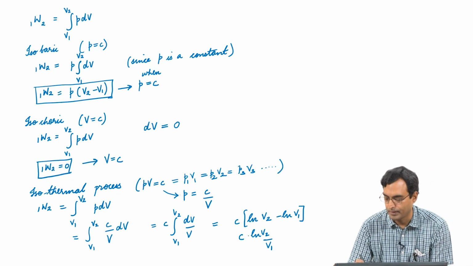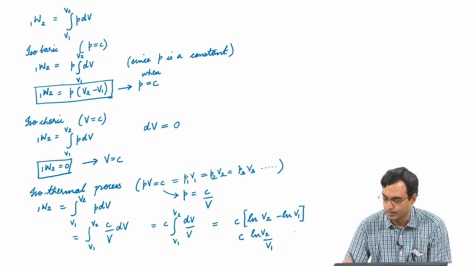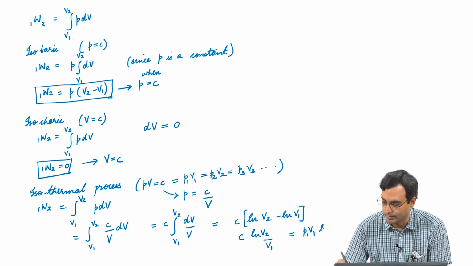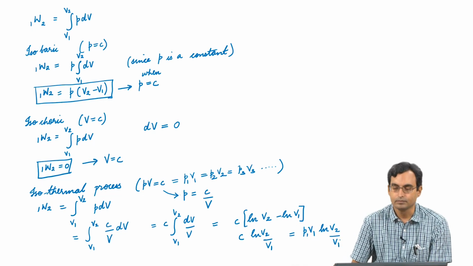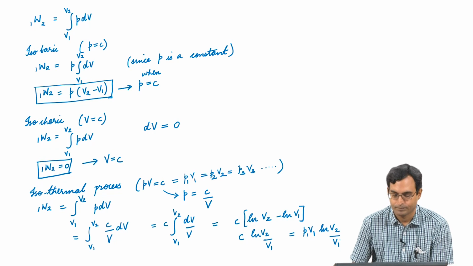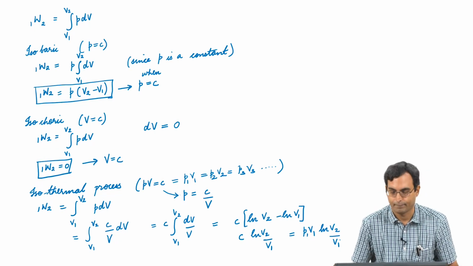So, I can replace this constant by either P1 V1 or P2 V2, any of them, they are all the same. So, I can for example write it in this fashion. So, I have the expression also for an isothermal process.